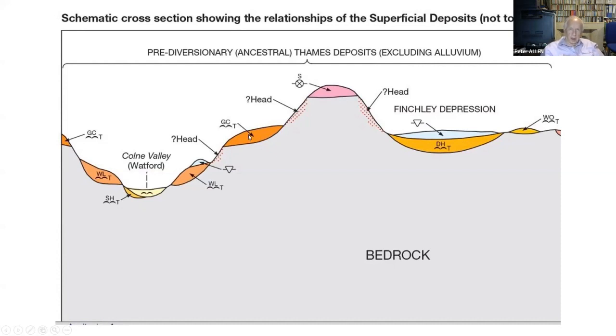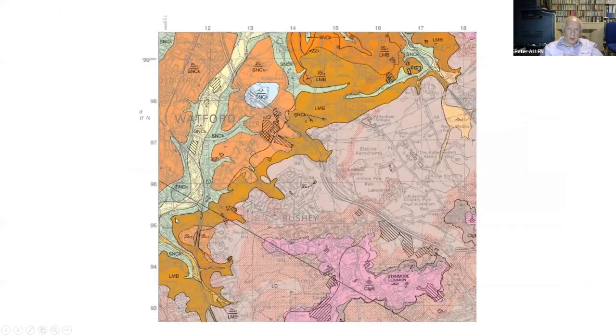So on this section from the Geological Survey map, they're just showing some of the lower stuff, the Gerrards Cross gravel, and then another one, the West Mill gravel here. Unfortunately, the names of the gravels tend to vary a lot over time. So it is quite hard to relate them all together too easily.